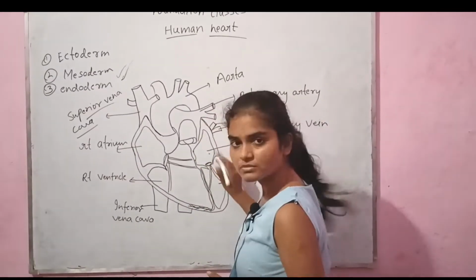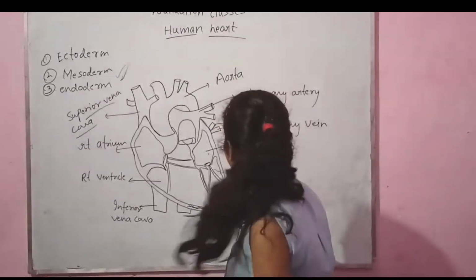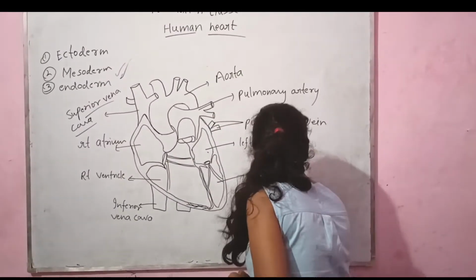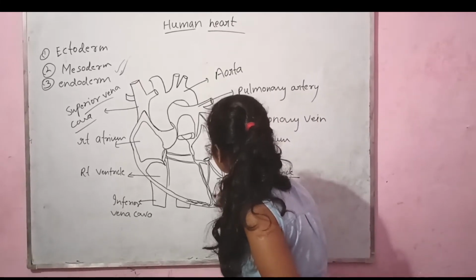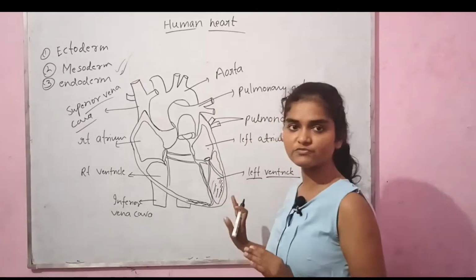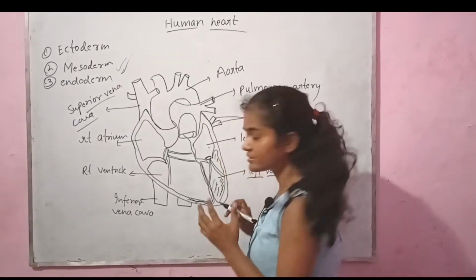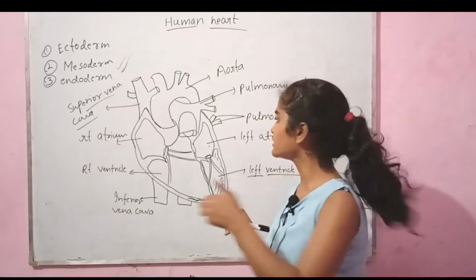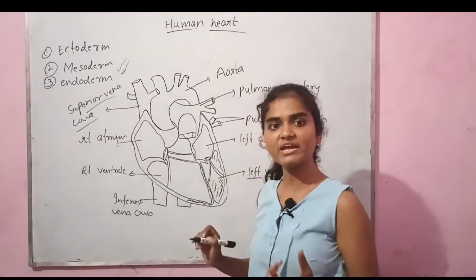The left ventricle is the thickest part of the heart because it supplies blood to the aorta forcefully. That's why this muscle is very thick.